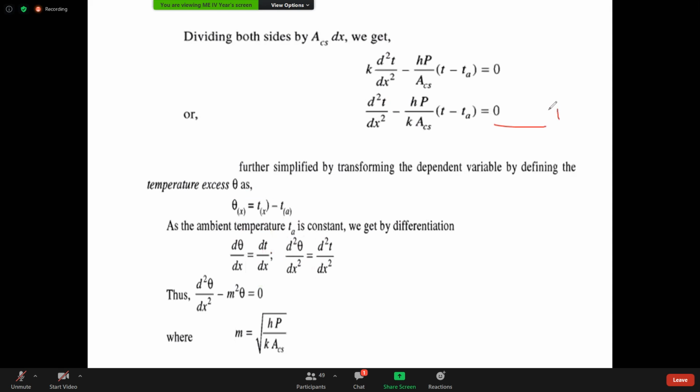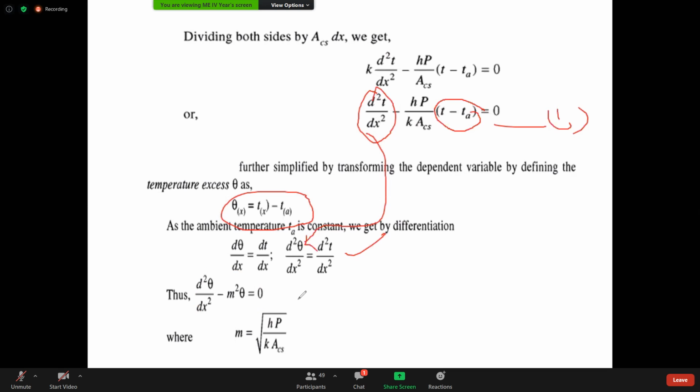From equation 1, in place of this, I can substitute the theta, because I assume this is the temperature excess, right? So this is the differential equation which I have got, right?